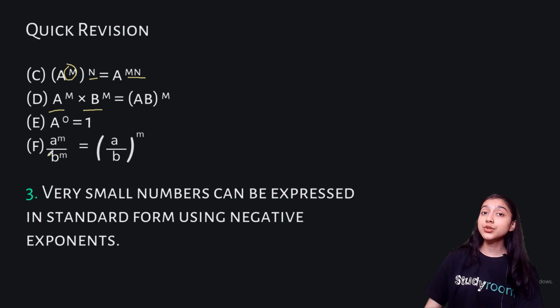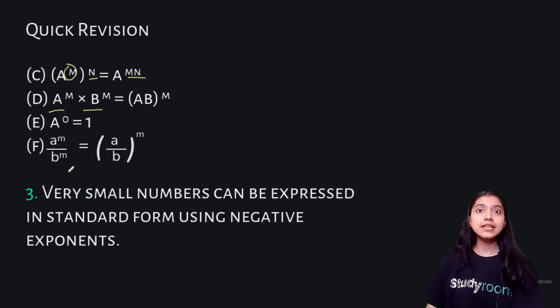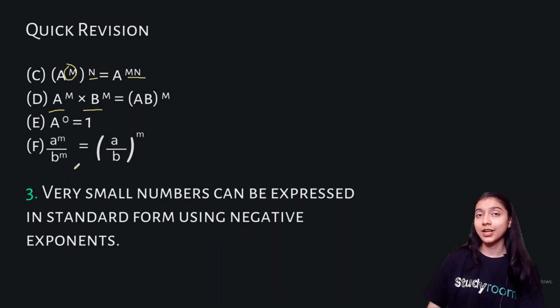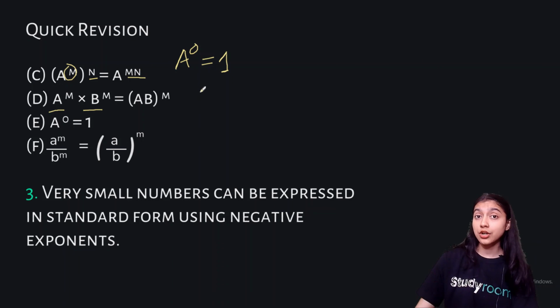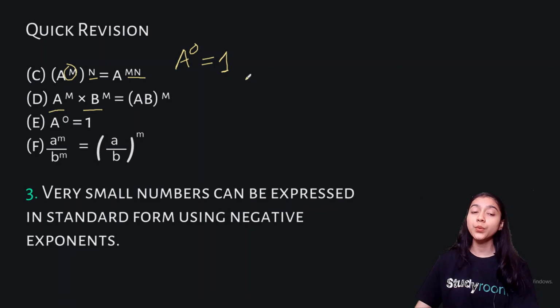If we have a to the power of m which is divided by b to the power of m, bases are unlike but the powers are like. So the bases will get divided taking a common power, that is a by b whole to the power of m. And another very important thing was that if we have any integer a and it is raised to the power of 0, it will give us 1. Any integer, even 100 to the power 0, that will also be 1.